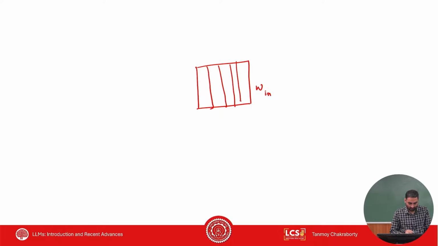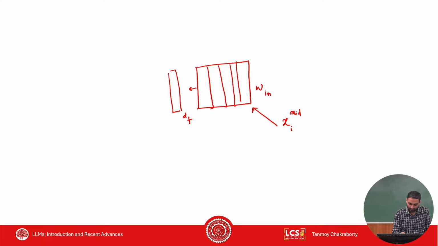Okay, so this is my W in. In W in, there are these columns, and you apply xi mid here. It will produce a vector of size df.